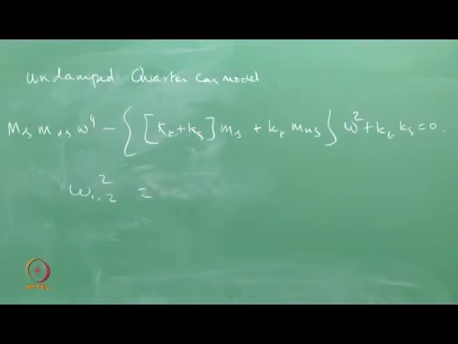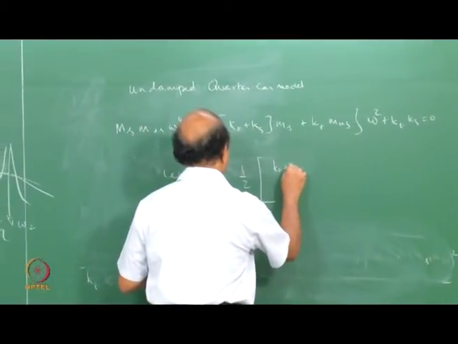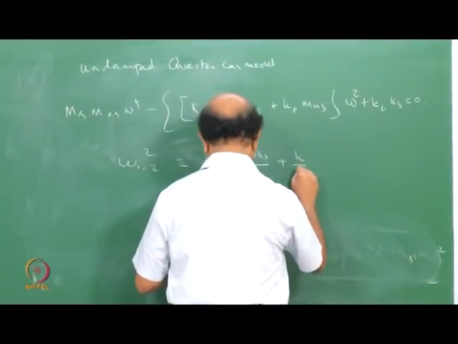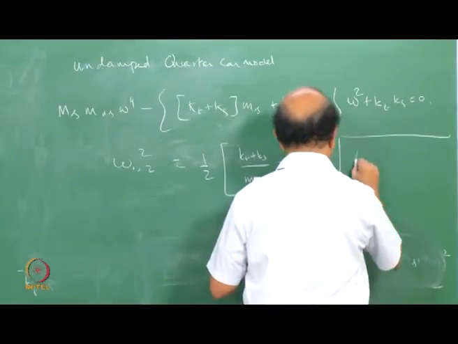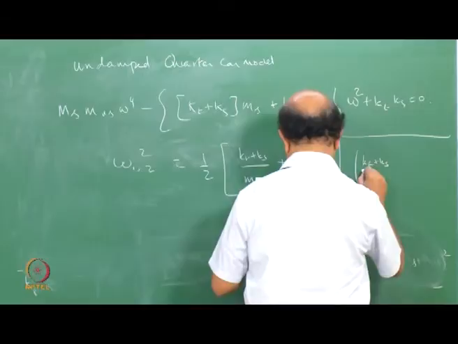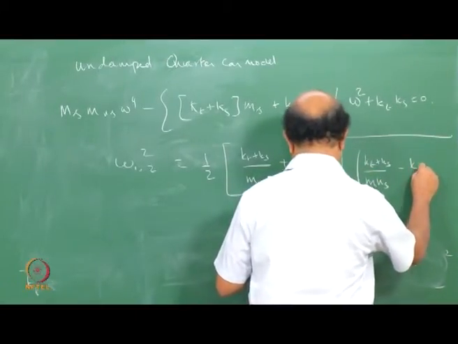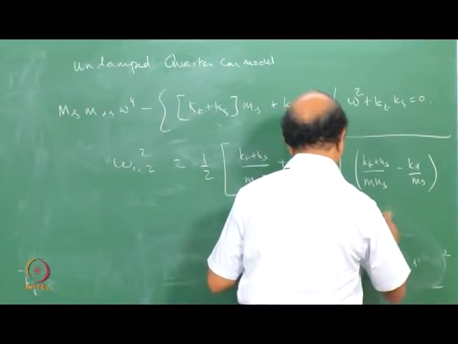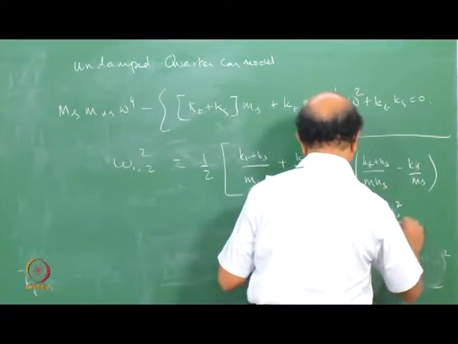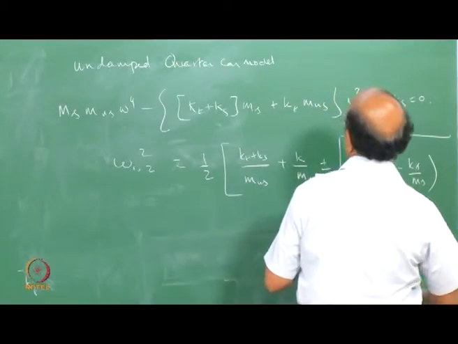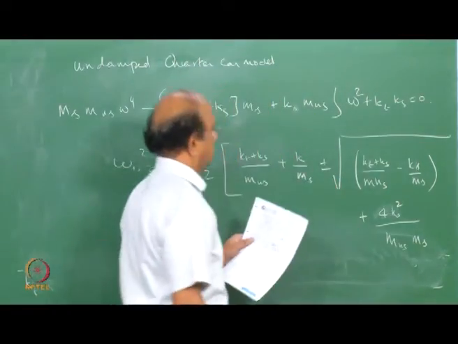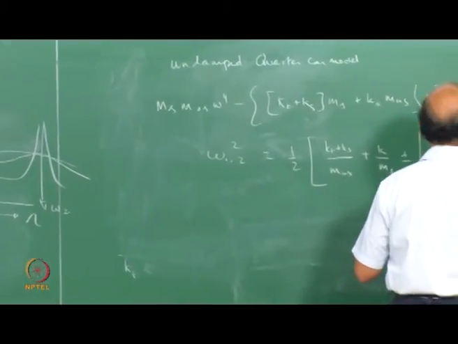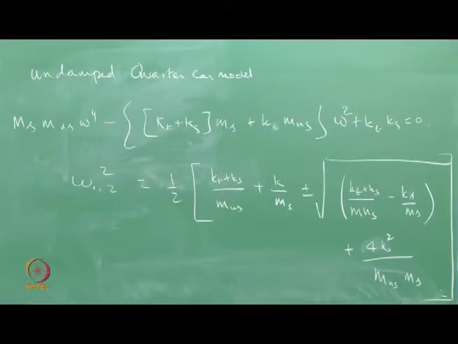And this results in, I think it is Ks into S. That is the expression for omega 1 squared and omega 2 squared.